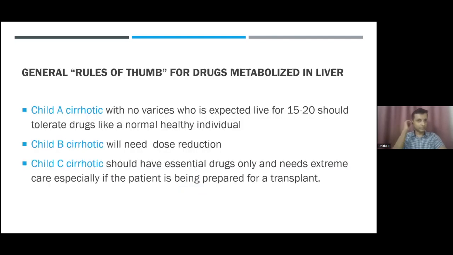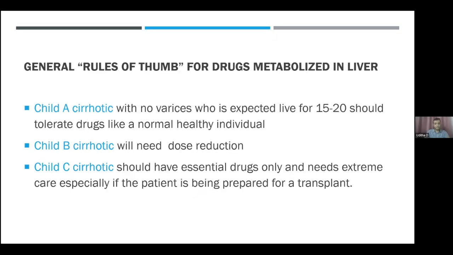So, a general rule of thumb for drugs metabolized in the liver. Historically, what we used to say was that a Child A cirrhotic with no varices is expected to live for 15 to 20 years, has good survival, and should normally tolerate drugs like a normal healthy individual. Compared to that, a Child C cirrhotic has obvious liver decompensation, multiple complications, and a limited lifespan.